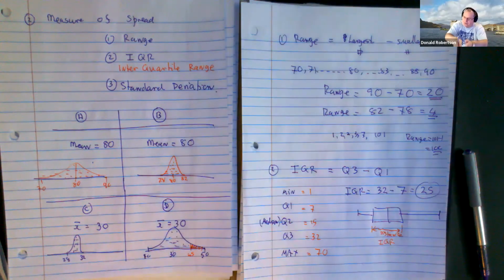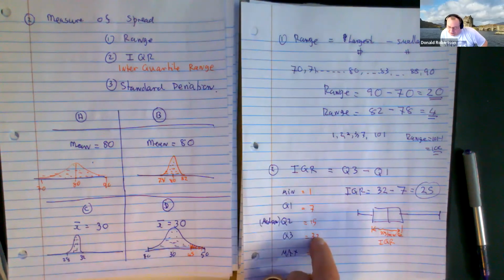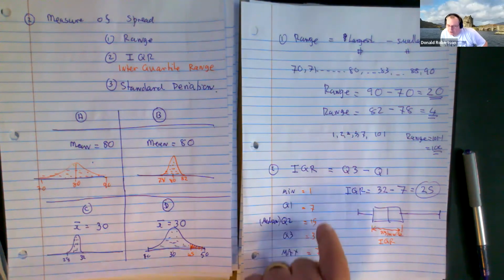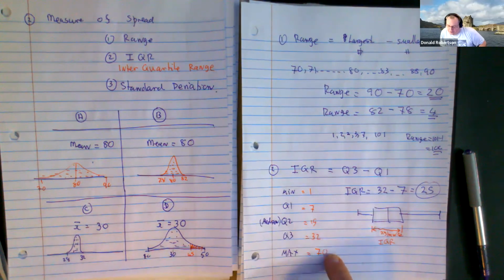And if that box is quite small, won't the interquartile range be quite a small number? So if these are close to each other, then the interquartile range will be a small number. And if these are quite far away, then it will be a large number. So as long as you've got the 5-figure summary, won't you be able to get the interquartile range?